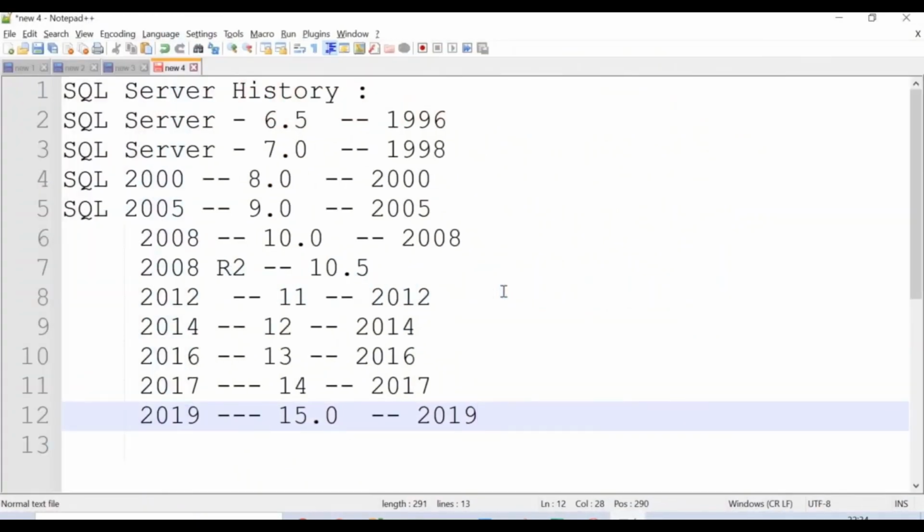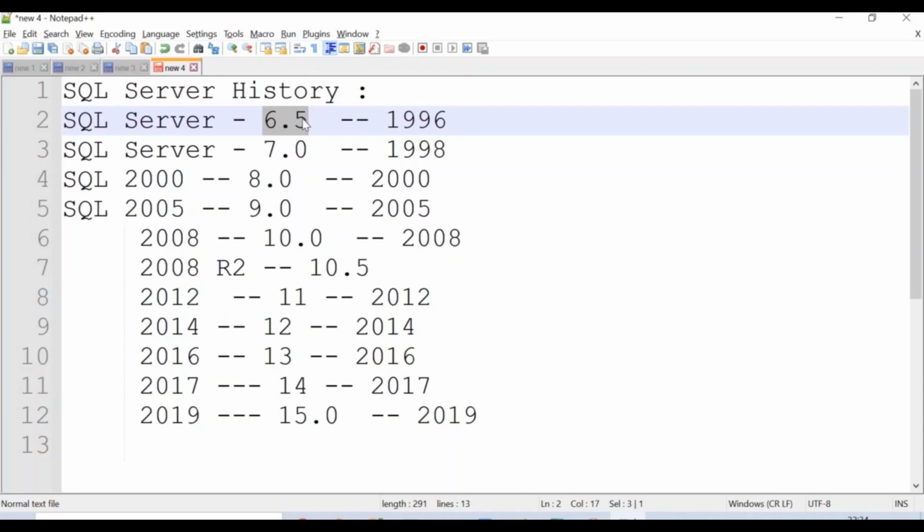So I just documented the versions starting from 6.5. The first version I can tell you is SQL Server 6.5. It was introduced to the market in 1996, but there are still a couple of older versions that people use even beforehand.